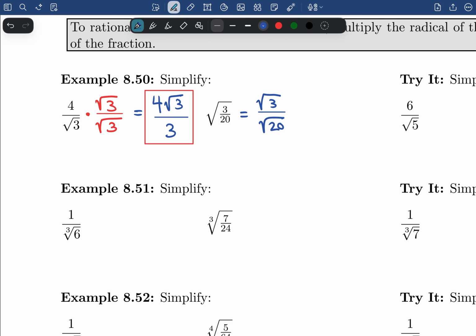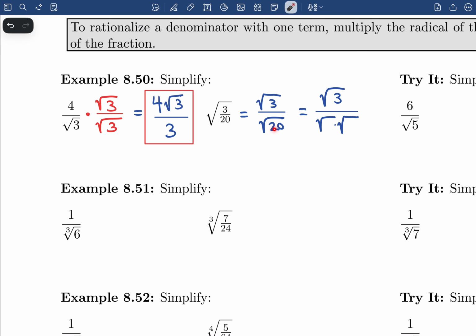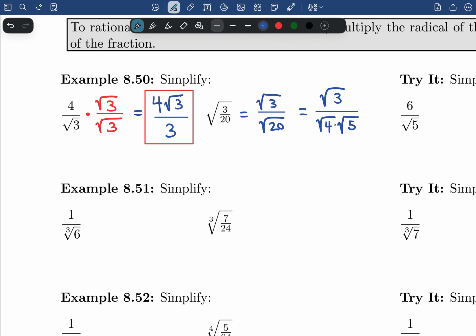Now, we can take the bottom radical and use the product property, which says we can turn one square root into the product of two square roots by finding a perfect square that 20 is a multiple of. 20 is a multiple of a perfect square, and that perfect square is 4. And the leftover is 5.